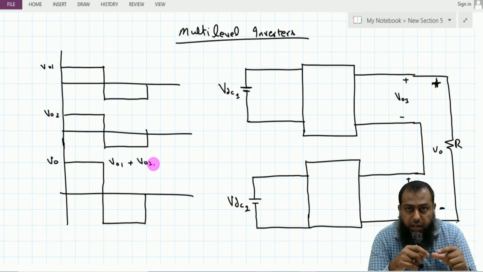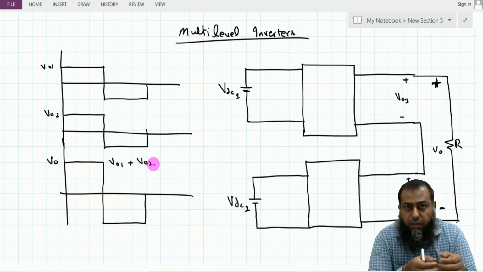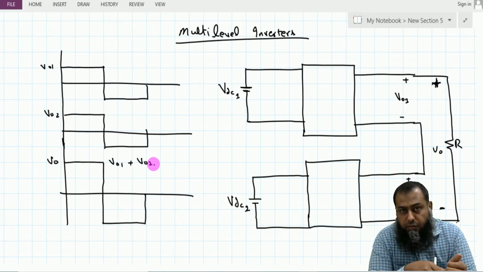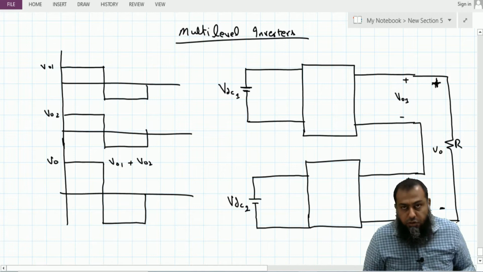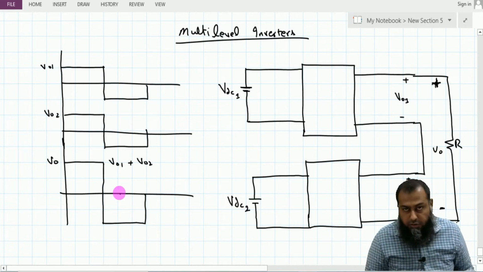Instead, this connection based on square wave inverters only boosts the output voltage to a level which is the sum of the voltages produced at the output of the individual square wave inverters, V01 and V02. So that is just an output combination that combines V01 and V02.